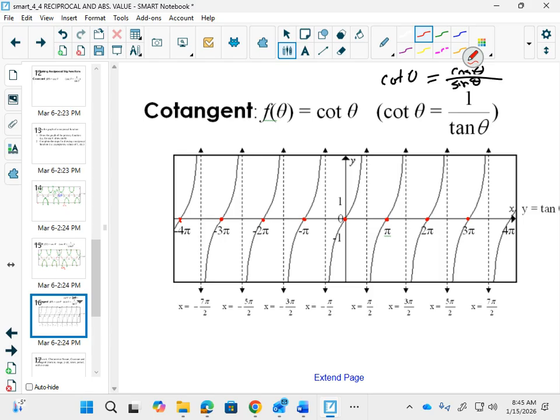So we're going to have on our cotangent graph a lot of asymptotes. And I'll label one of them at x equals pi.